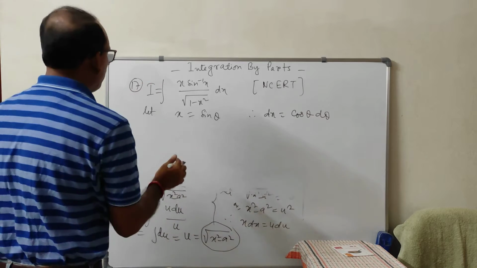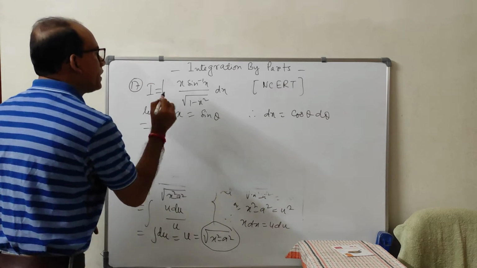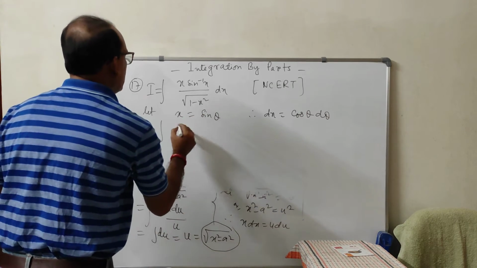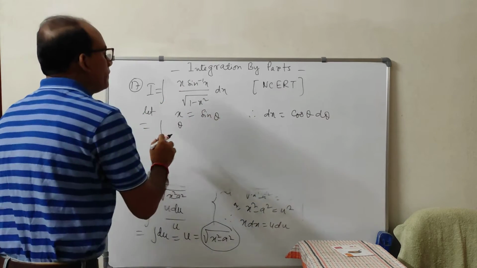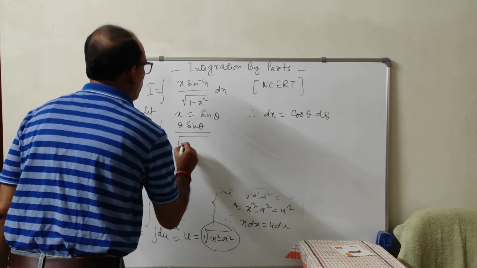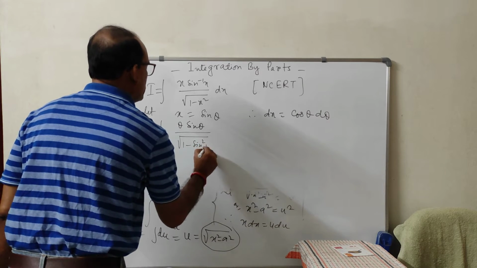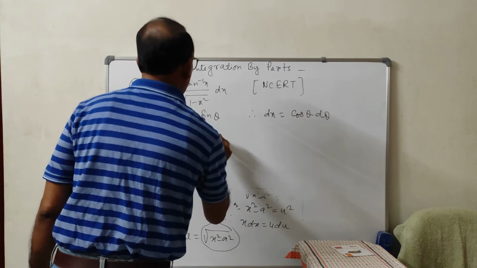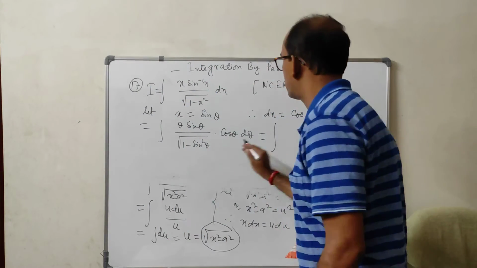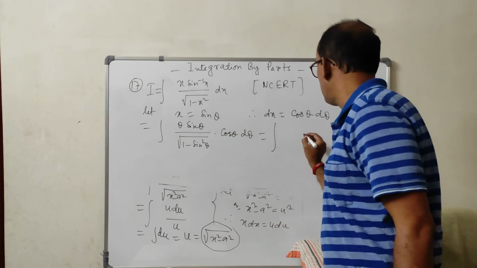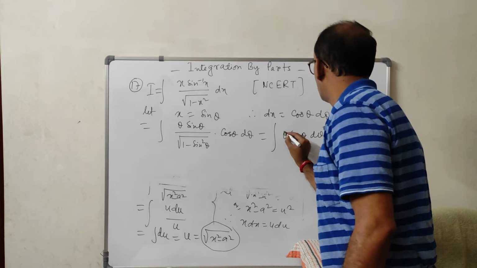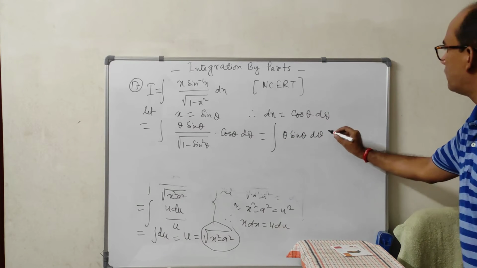Take this as I. So I becomes now sine inverse x, from these, sine inverse x will be theta, x is sine theta and root over of 1 minus sine square theta. Okay, dx is cos theta d theta. So after all these calculations, this cos theta will be cancelled out. Theta sine theta d theta. This is the problem now.